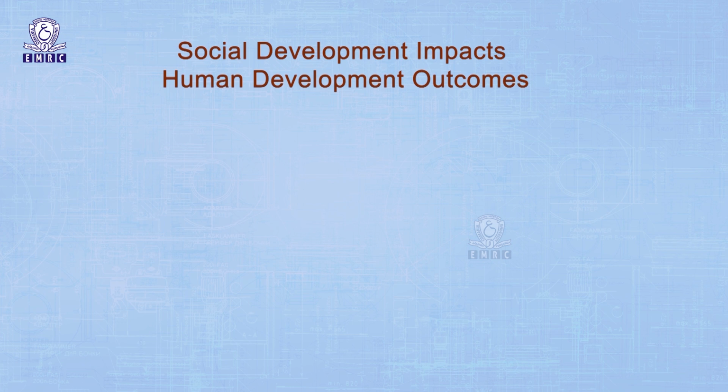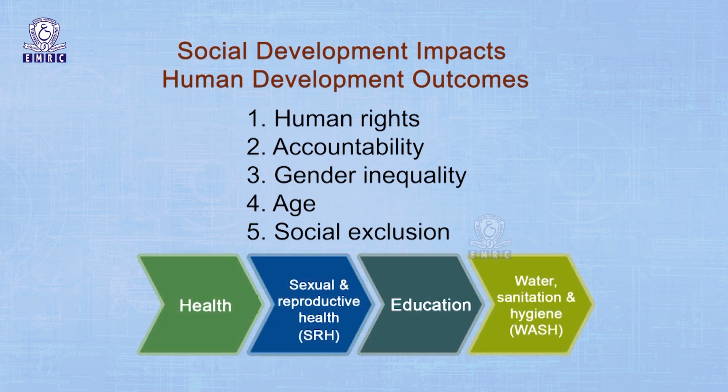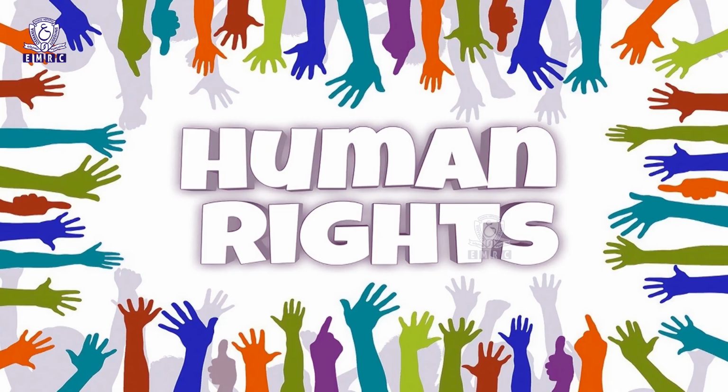It focuses on 5 social development issues like human rights, accountability, gender inequality, age and social exclusion, and their impact on 4 human development sectors: health, sexual and reproductive health, education, and water, sanitation and hygiene. Human rights underpin the purpose of human development interventions and provide the guiding structure for measuring outcomes. As such, human rights encompass all aspects of social development.